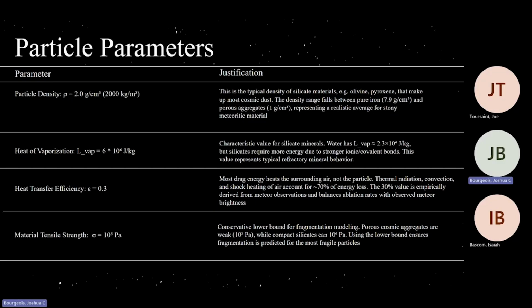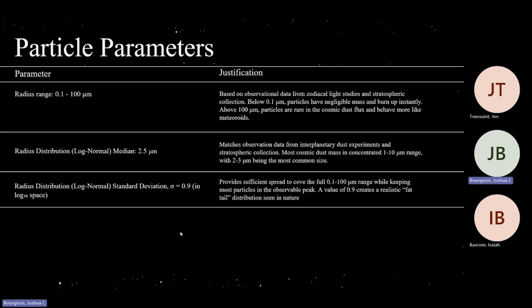Particle density is uniformly dense. The heat of vaporization, 6 times 10 to the power 6. 30% for heat transfer efficiency. Material tensile strength, 10 to the power 5. The radius range comes straight from the prompt that was given from problem A, with a 0.1 to 100 nanometers. Radius distribution, which is coming from our log normal distribution, the 2.5.